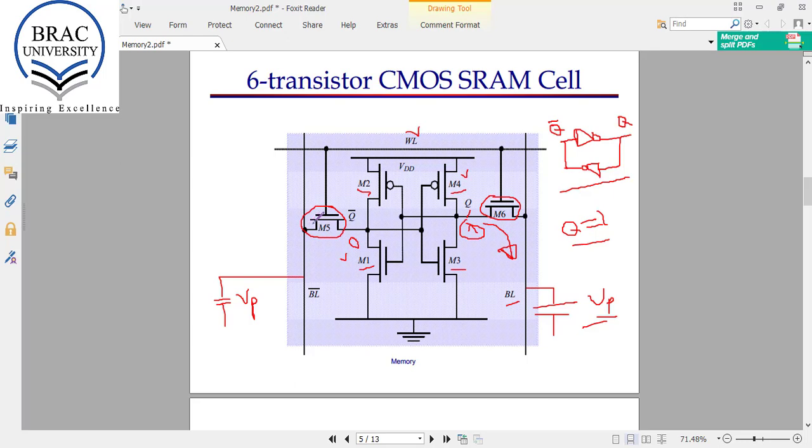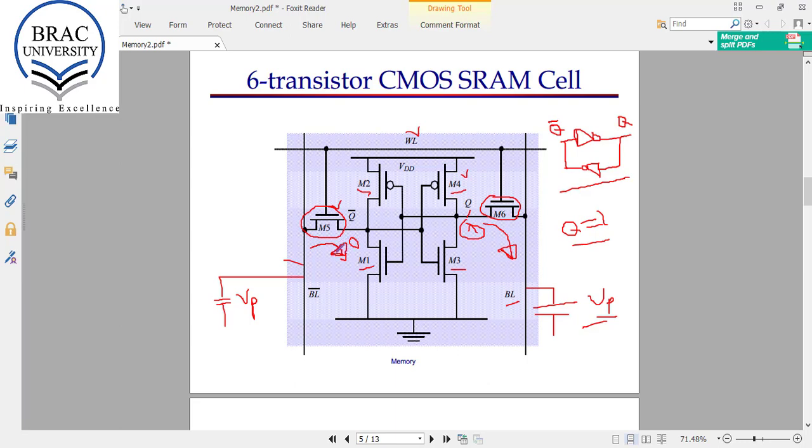On the other hand, here the voltage is 0, and the voltage at the bit line is Vp, that is greater than 0, and when WL is 1, M5 will also be on, and a discharging current will flow in this direction.